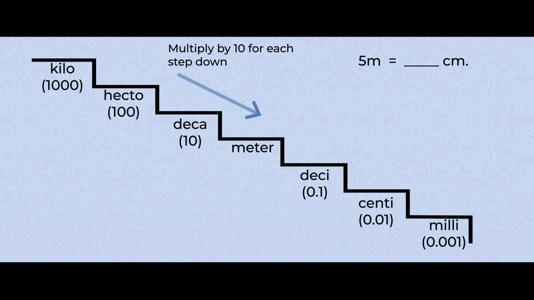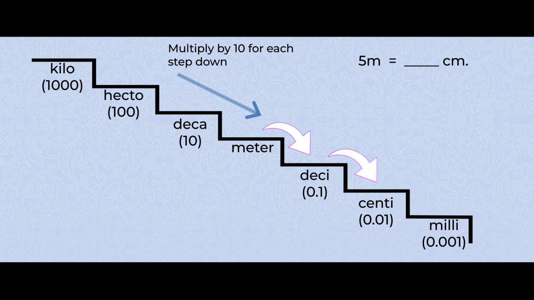5 meter is a bigger unit and centimeter is a smaller unit. Here we need to convert from meter to centimeter, which means you need to climb down, right? Let's see how many steps we need to go down. From meter to decimeter, 1.